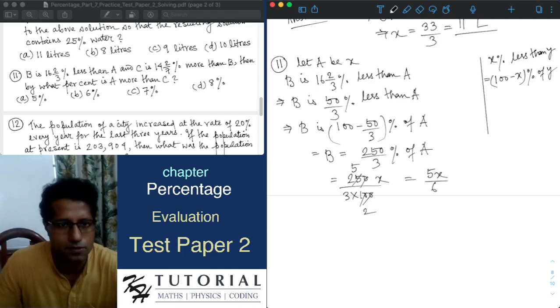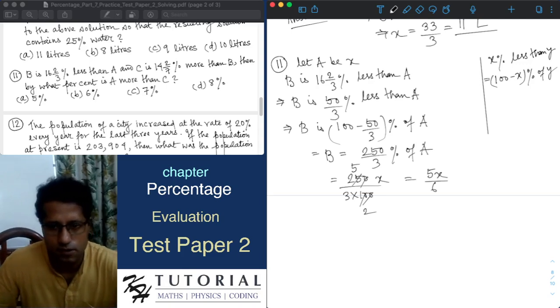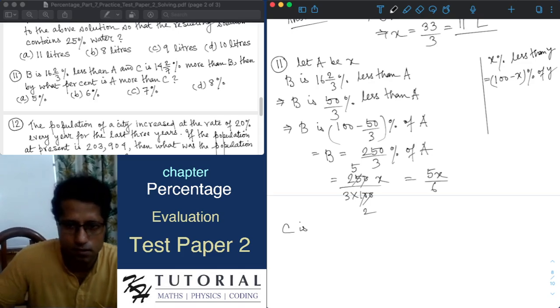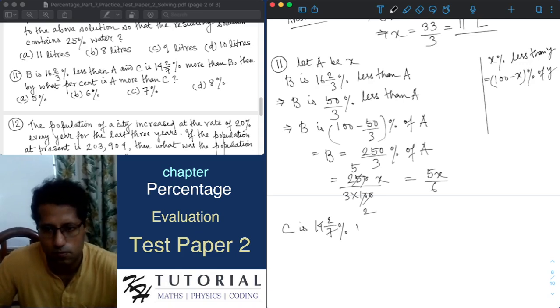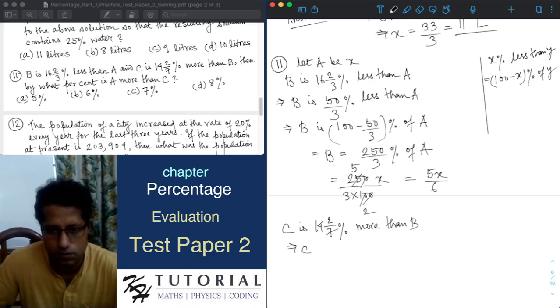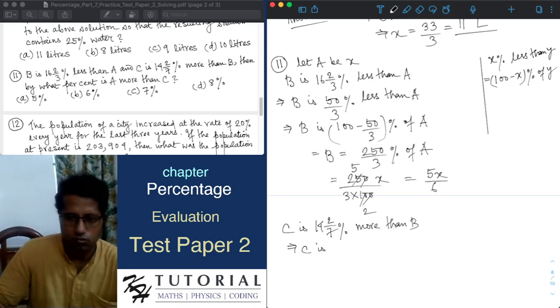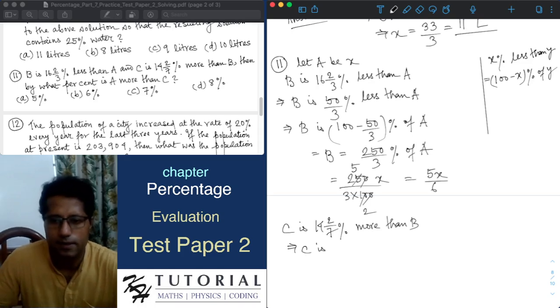Now C is given as 14 and 2 by 7% more than B. 14 and 2 by 7 is 100 by 7%.